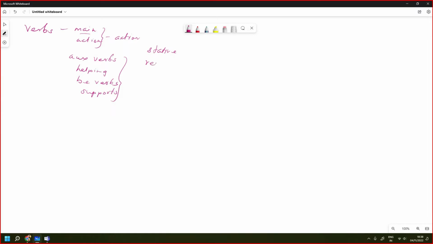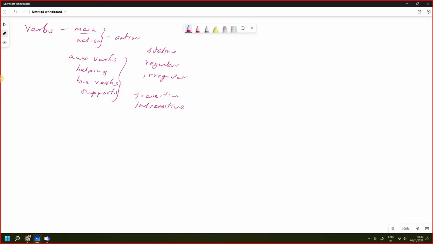We have regular verbs and irregular verbs. We have so many things. Then we have transitive verbs, intransitive verbs. These are all different kinds of verbs, but let us not focus on all these things here. We are focusing only on main verbs and auxiliary verbs. This is very important for this topic.